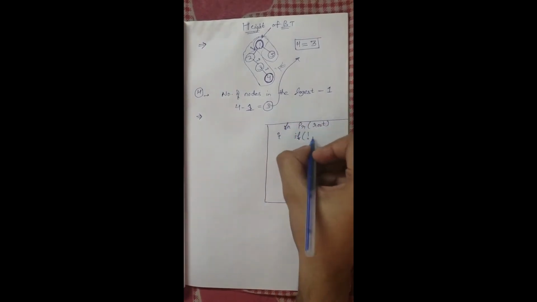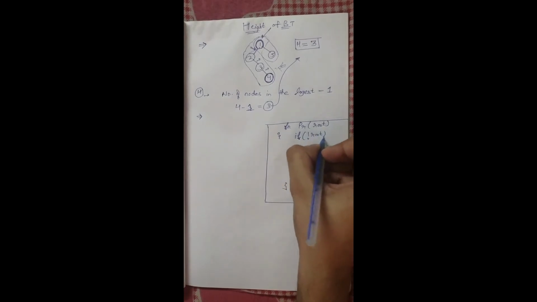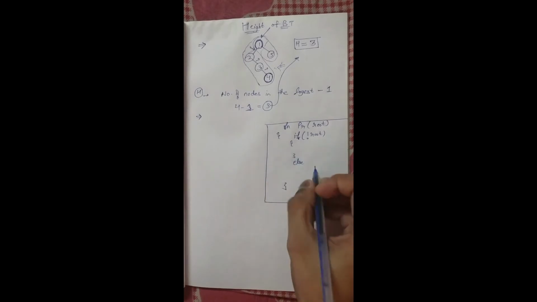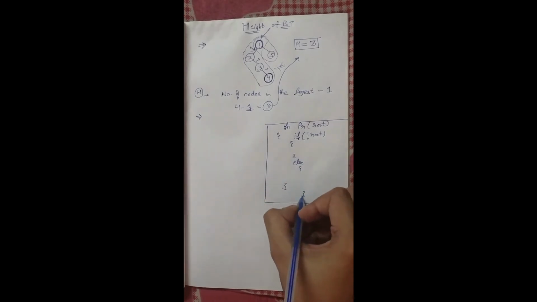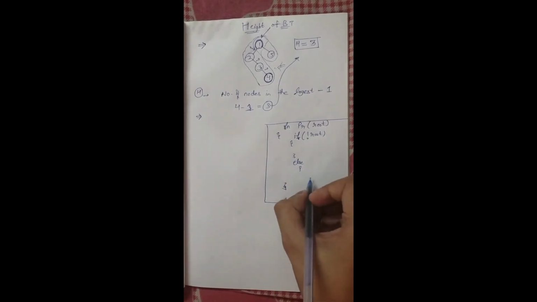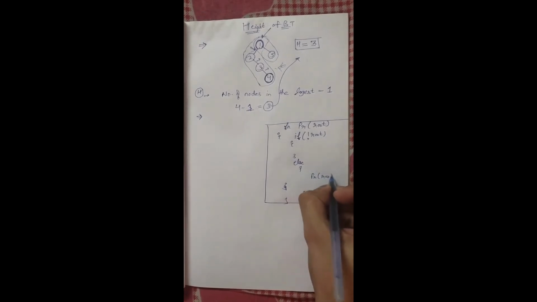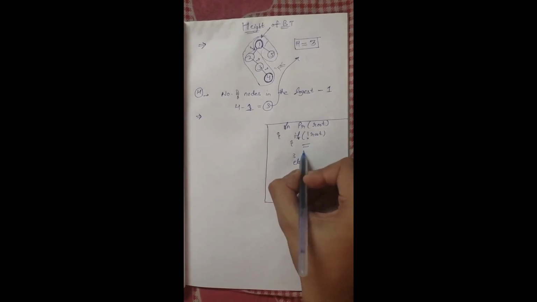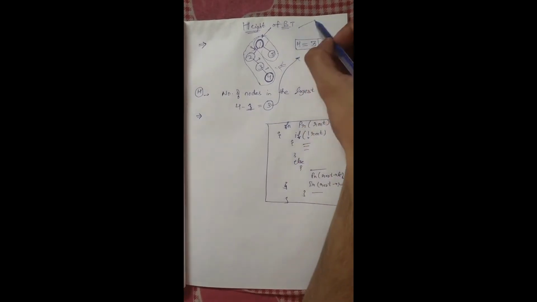If not root, else, we call preorder on root left, then preorder on root right. I will fill these spaces in this section, which will be helpful for solving this problem.